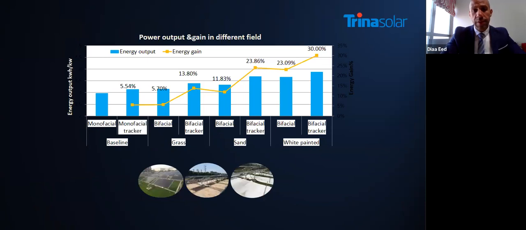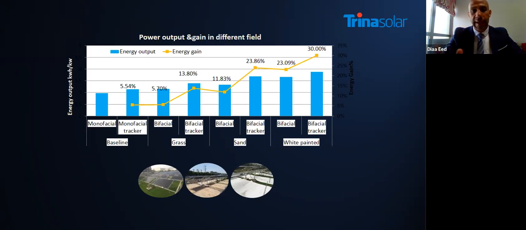Going to it, this is the power output and the gain difference in the field. If you are using a monofacial as a baseline, or a bifacial without tracker, or bifacial with tracker on a glass, bifacial with tracker on sand, bifacial with tracker on white paint, or on snow, which exists in some areas.